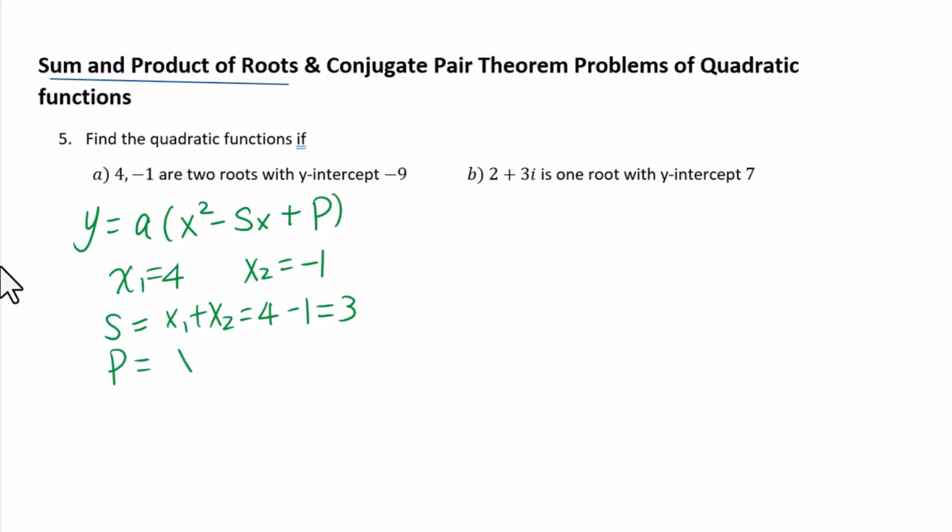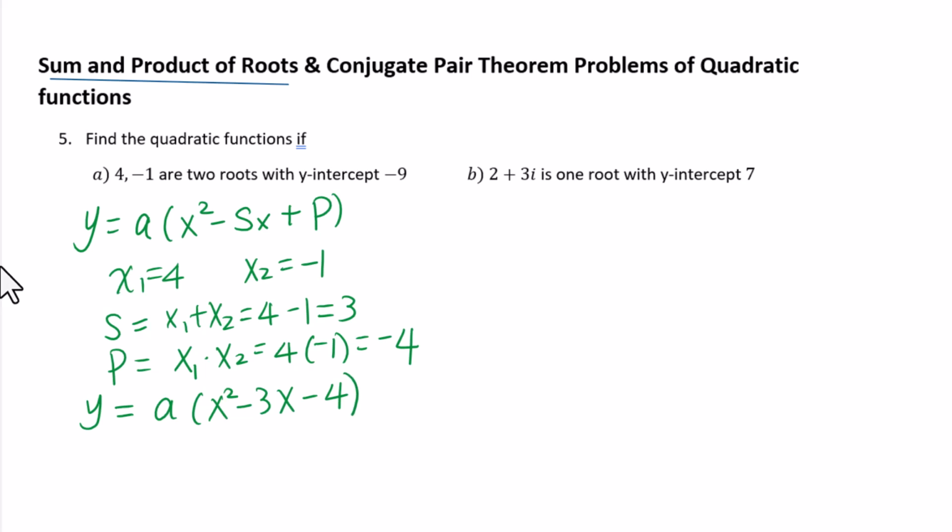P equals x1 times x2 equals 4 times negative 1 equals negative 4. So we have y equals a times x squared minus 3x minus 4.